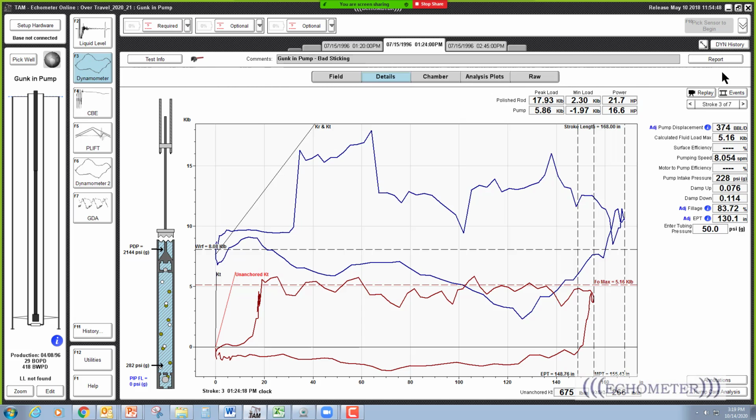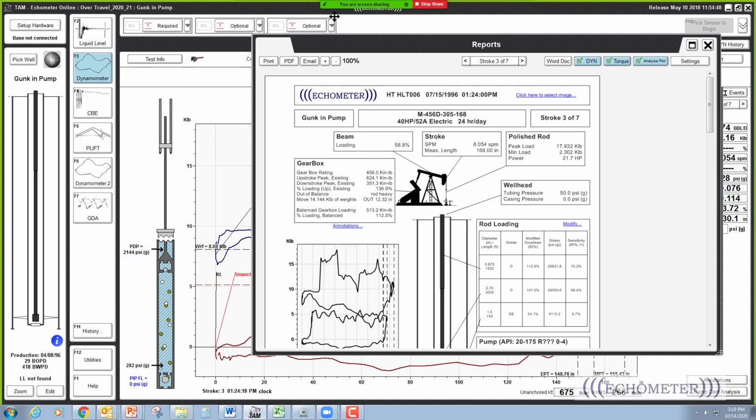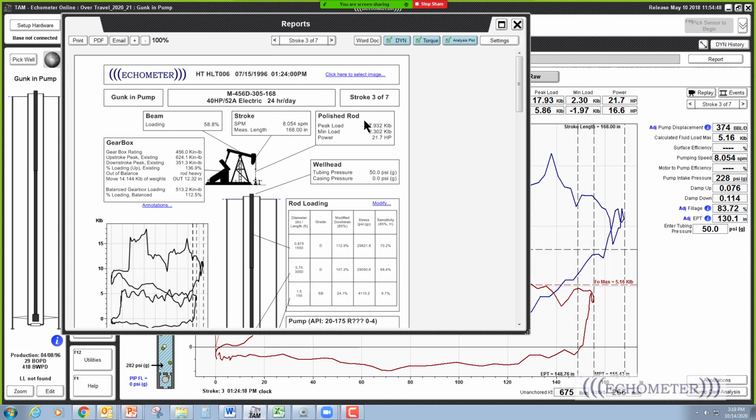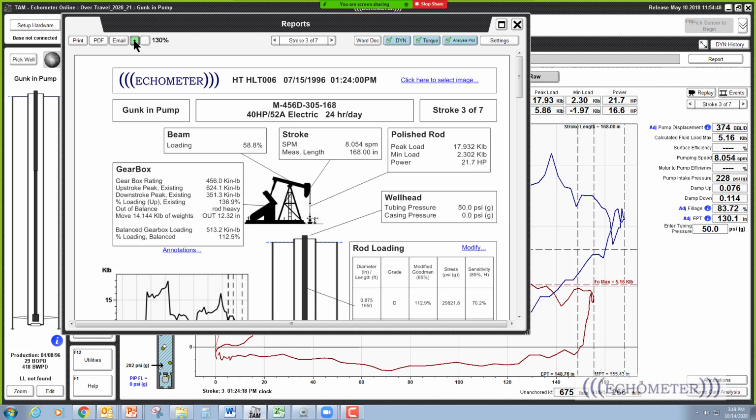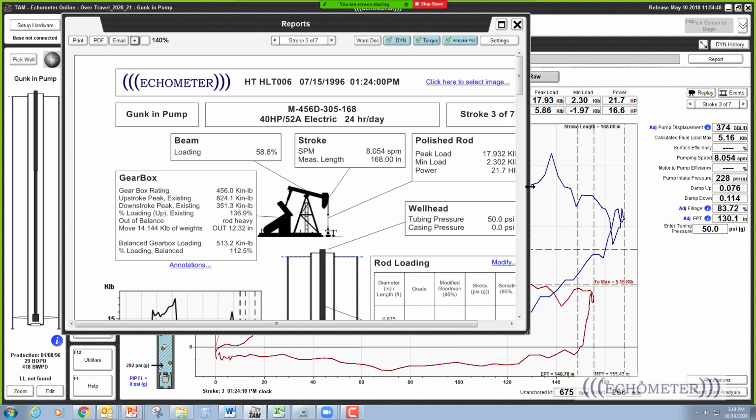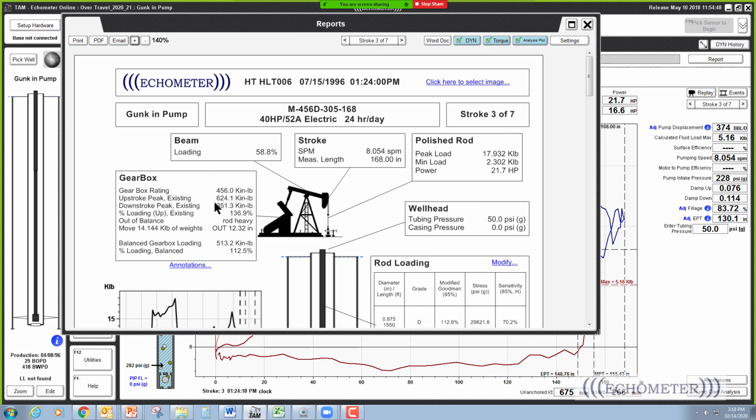If I go look at the report and look at this data for torque, I'm going to make it bigger and make it fill the screen up more. It says right here that we're overloaded on this guy, not 138, but it says 136.